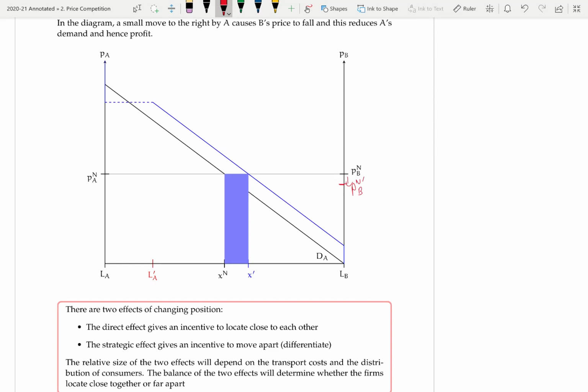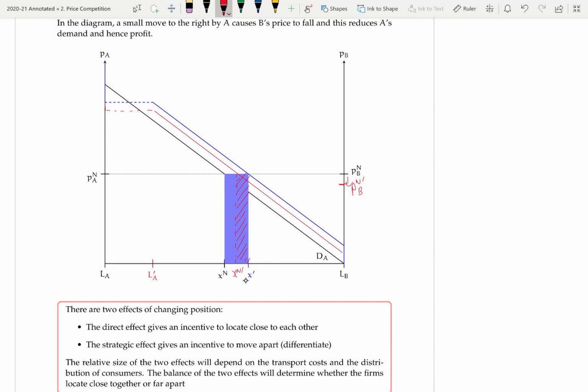It's going to shift in. So the red line is the new demand curve, and so at these prices the demand is going to fall to XN dash, and this is going to result in a reduction in the profit equal to this red area here.